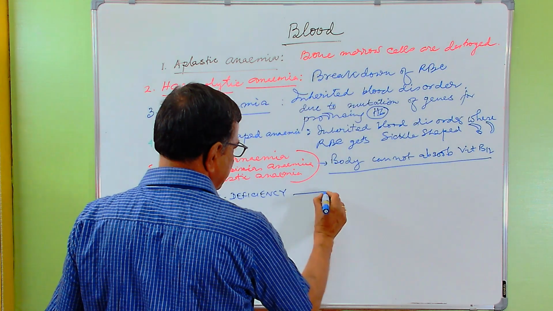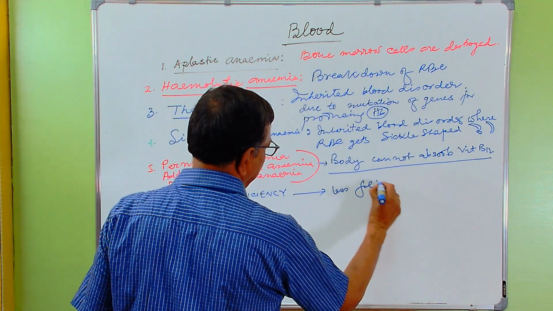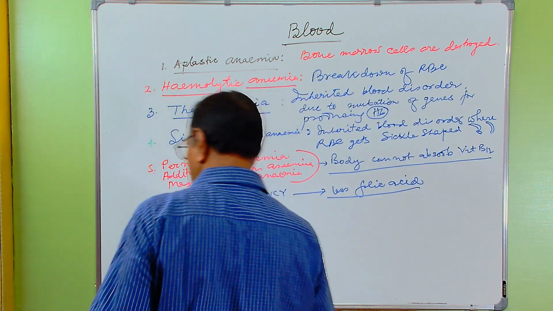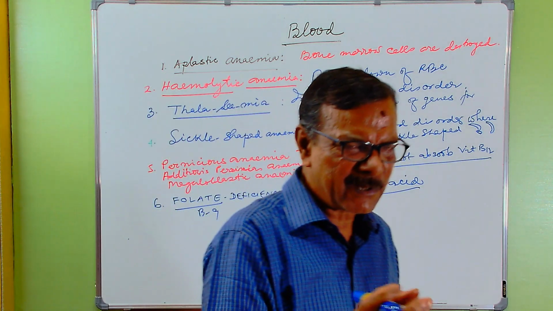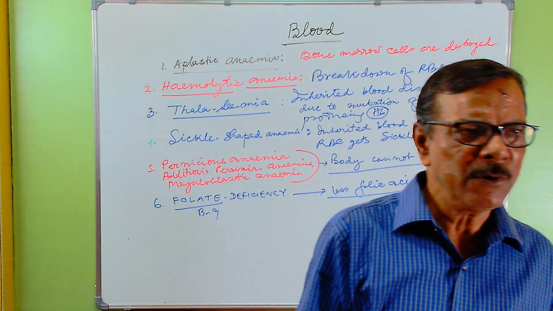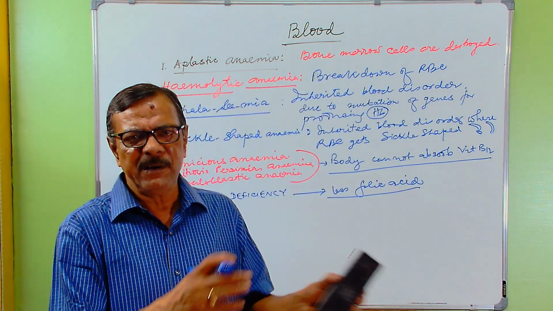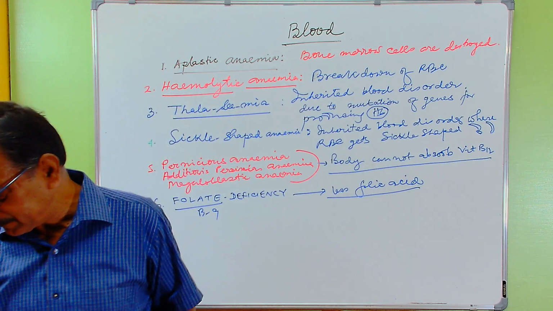So less folate, less folic acid in the body causes folate deficiency. Doctors used to prescribe capsules with folic acid, vitamin B12, vitamin B6, so many vitamins along with folic acid, so it can be cured.